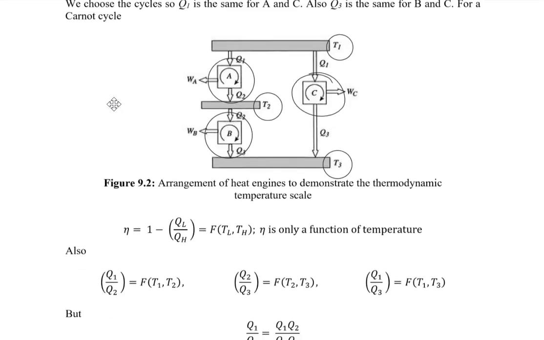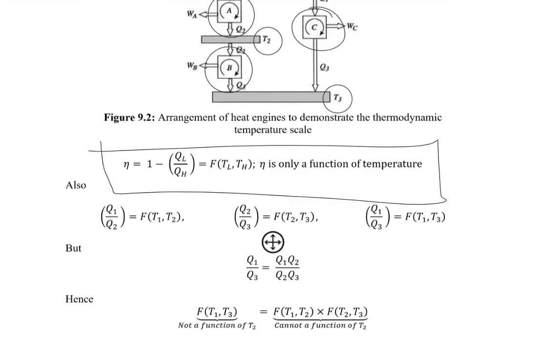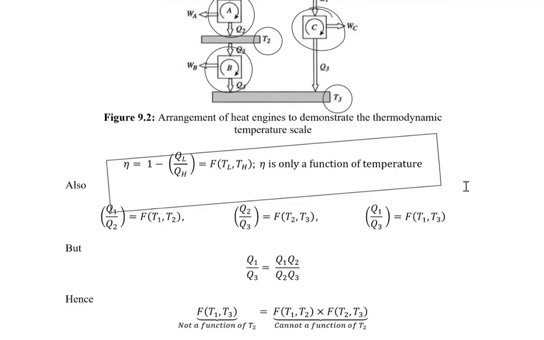So efficiency is a function of temperature, and efficiency was derived using the heat extraction from the high temperature reservoir and rejection into the low temperature reservoir. So we consider that the efficiency is a function of temperature.